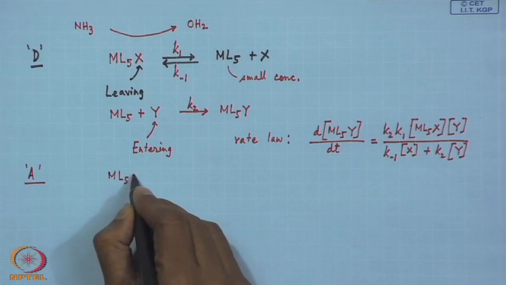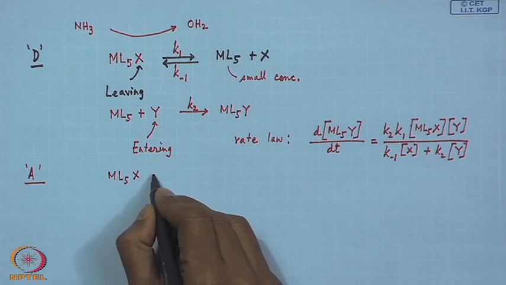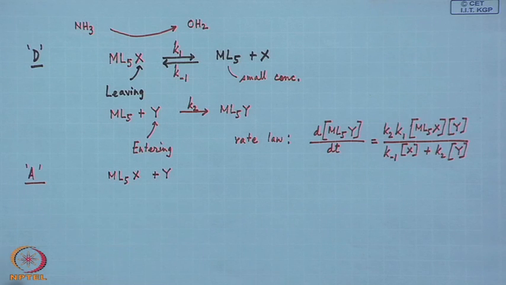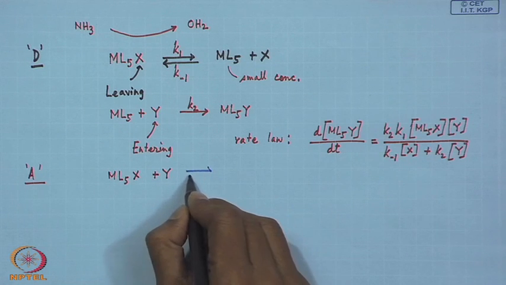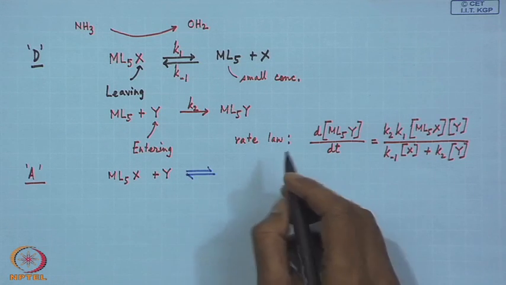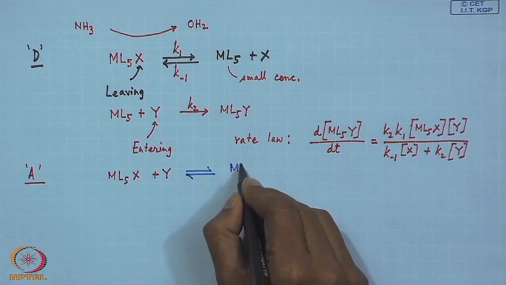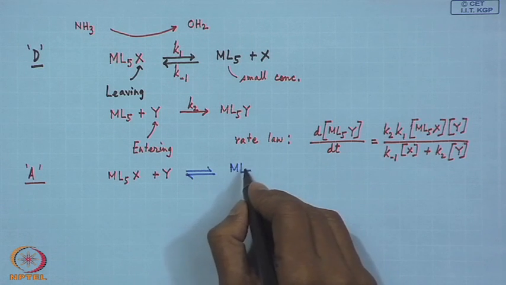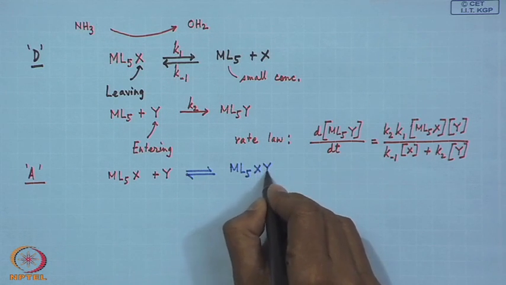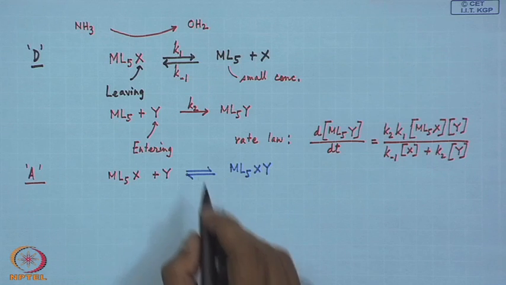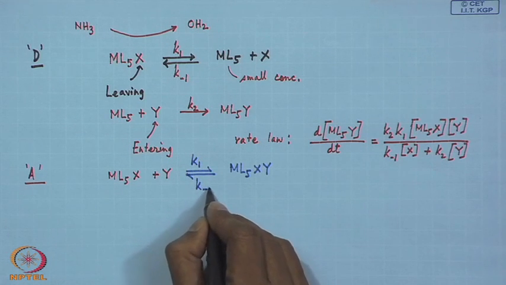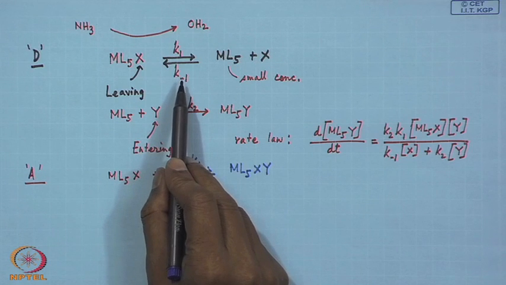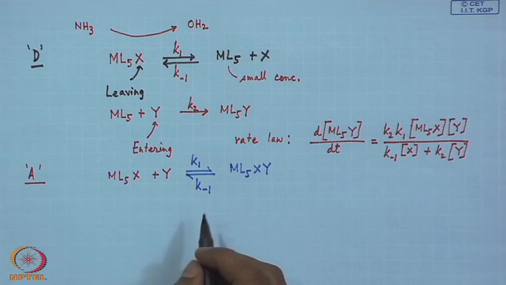ML5X is reacting straightway with Y, and both way reaction can give rise to ML5XY, that means the associated form. We have this K1 and K minus 1 in the same way as in our dissociative pathway.